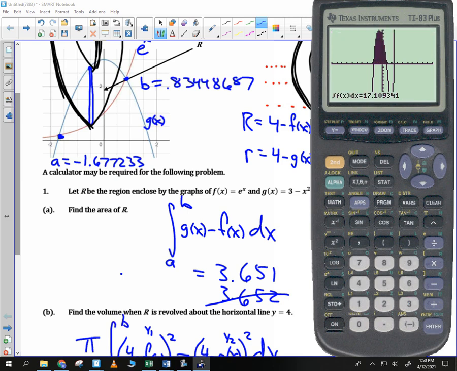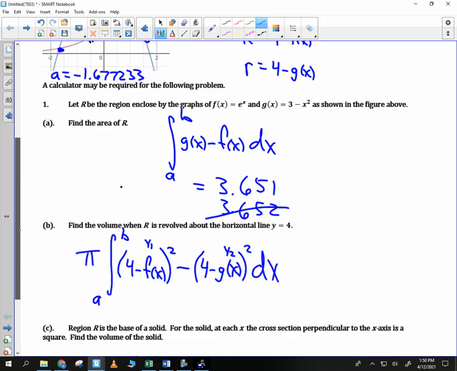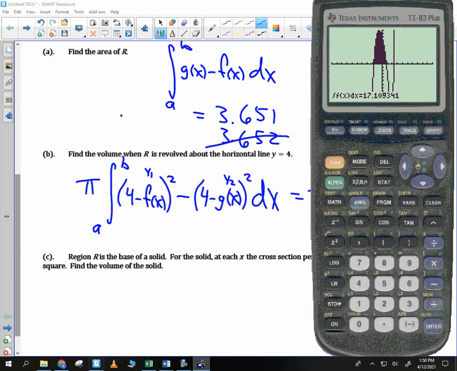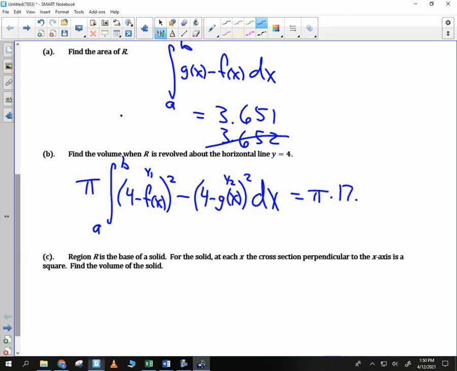You can see it finds it. I get 17.109, 109,341, and I have to multiply that by pi.